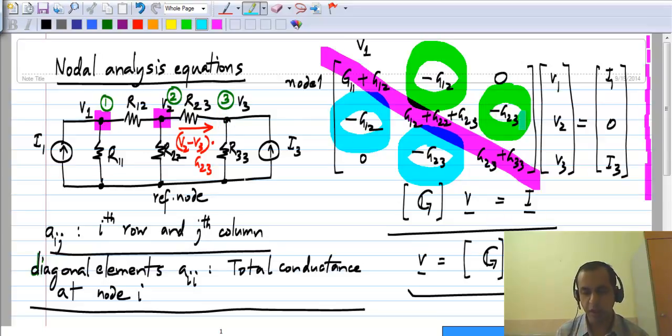Now it's also obvious why it is symmetric, because this is element A12, which should have the negative of the conductance between nodes 1 and 2, and this is element A21, which should have the negative of the conductance between nodes 2 and 1, which is exactly the same as the conductance between nodes 1 and 2. Okay, so the matrix is symmetric as well.